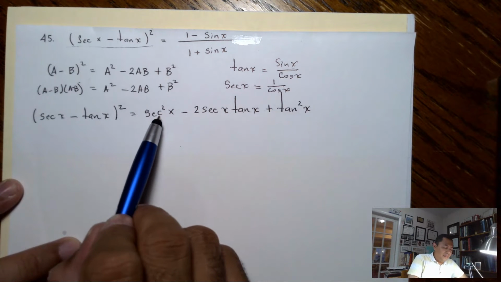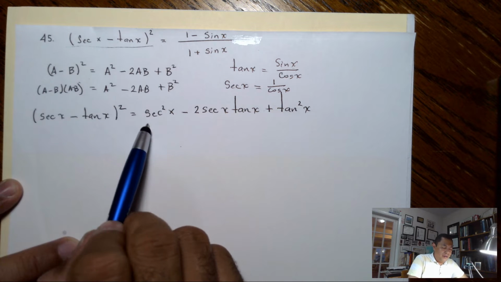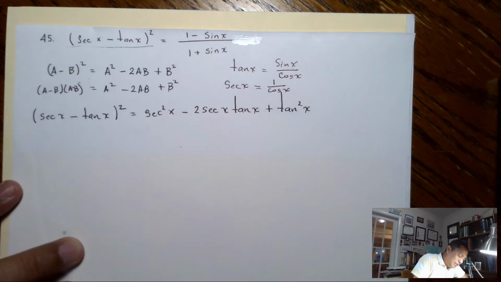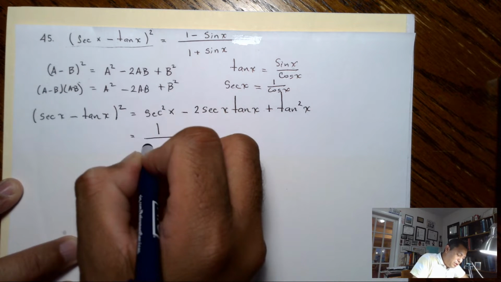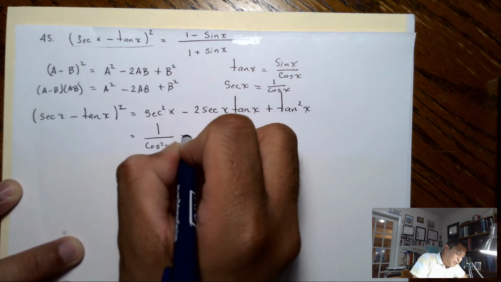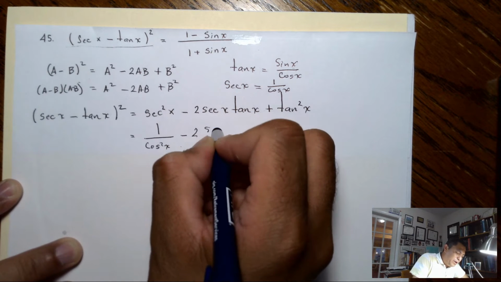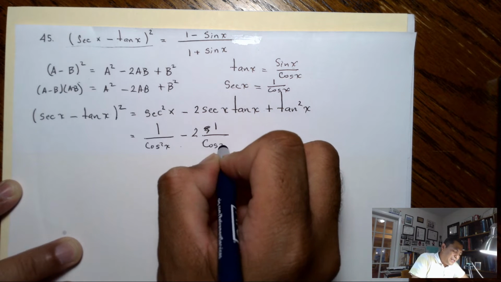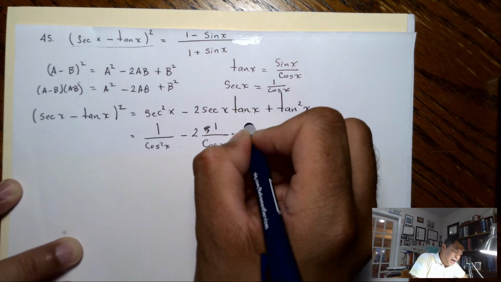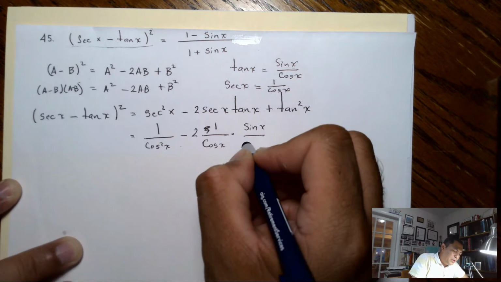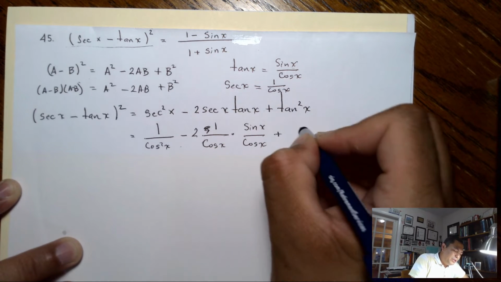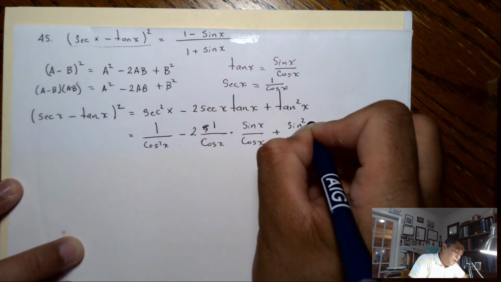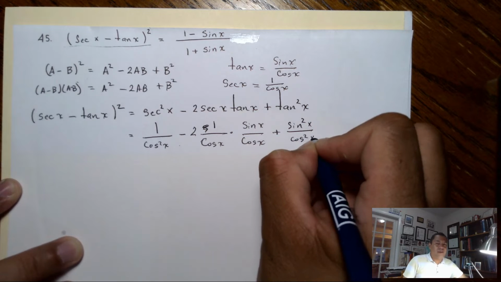If I want to convert secant squared to cosine, it has to be cosine squared. So 1 over cosine squared of x, minus 2 times 1 over cosine of x times sine of x over cosine of x, plus tangent squared, which is sine squared over cosine squared of x.